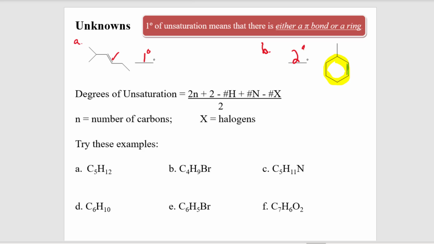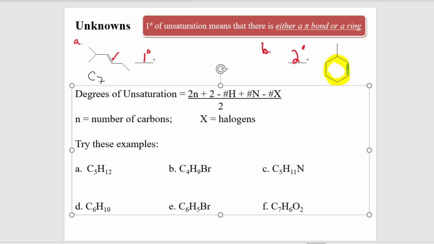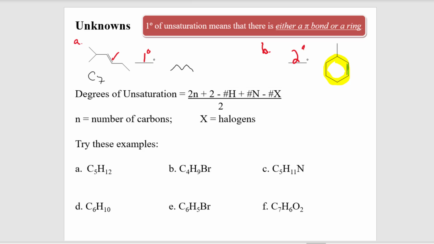This is a C7 molecule, 1, 2, 3, 4, 5, 6, 7. If I didn't have any rings or double bonds, how many hydrogens would C7 have? C7H1, 2, 3, up to 16.